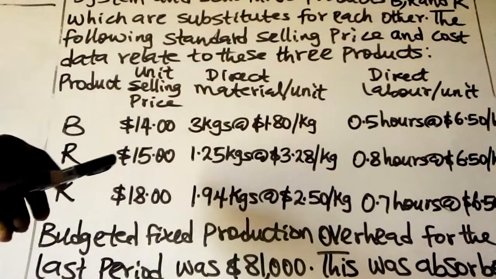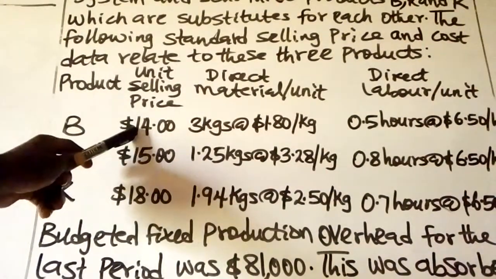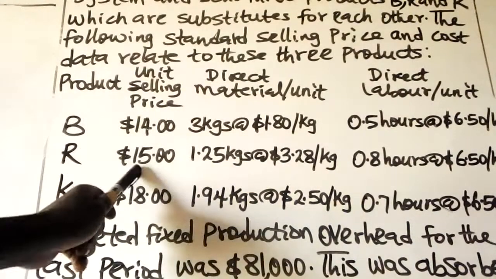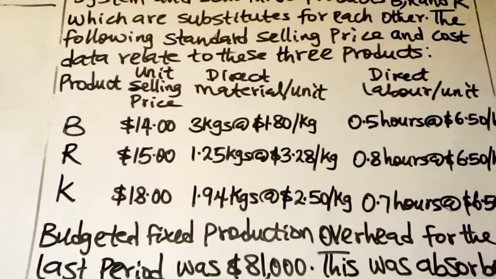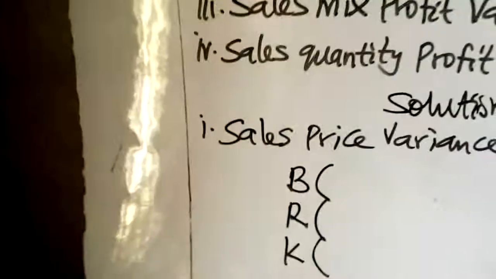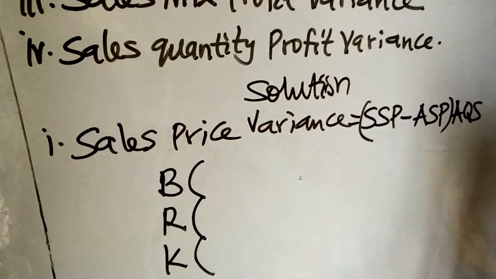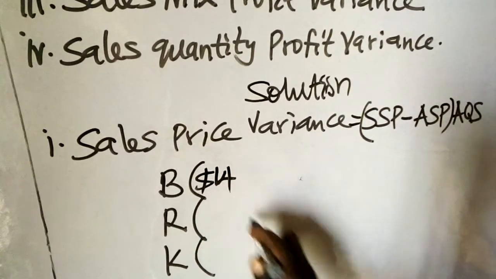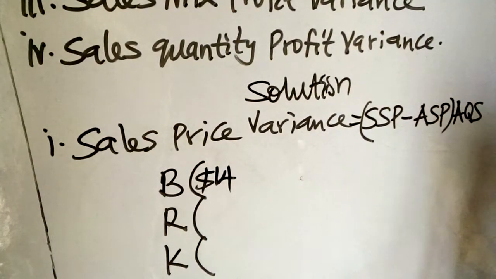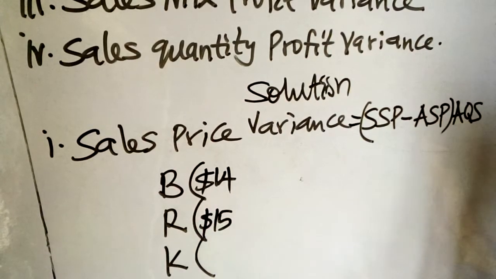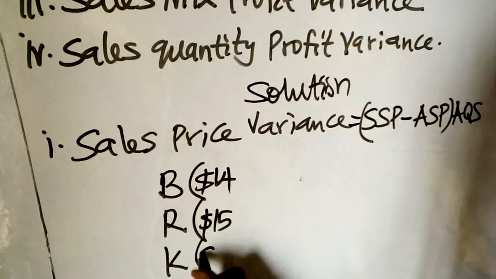These are the standard selling prices: $14, $15, and $18 for B, R, and K respectively. So we have standard selling price $14 for B, $15 for R, and $18 for K.